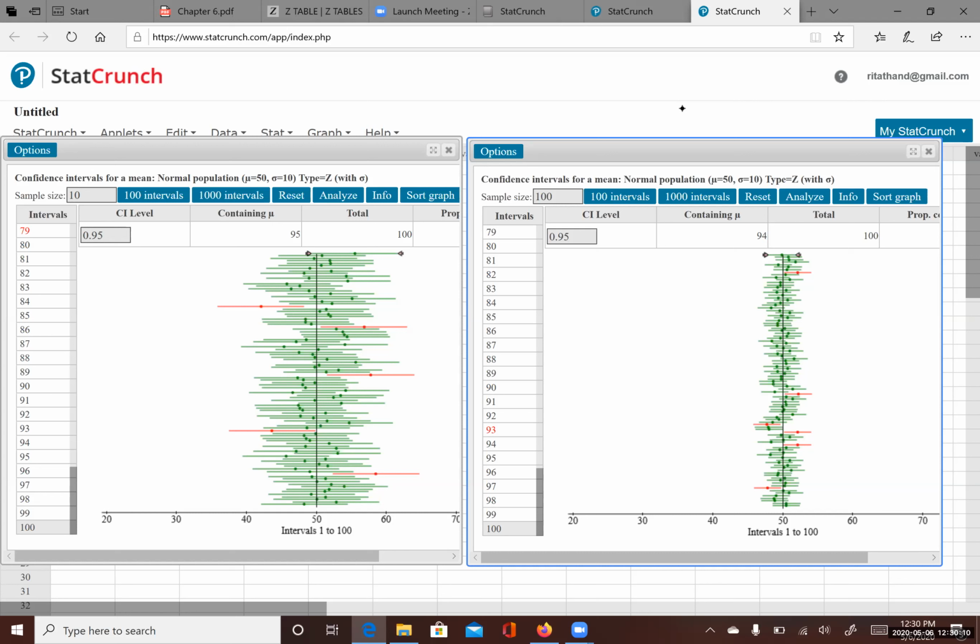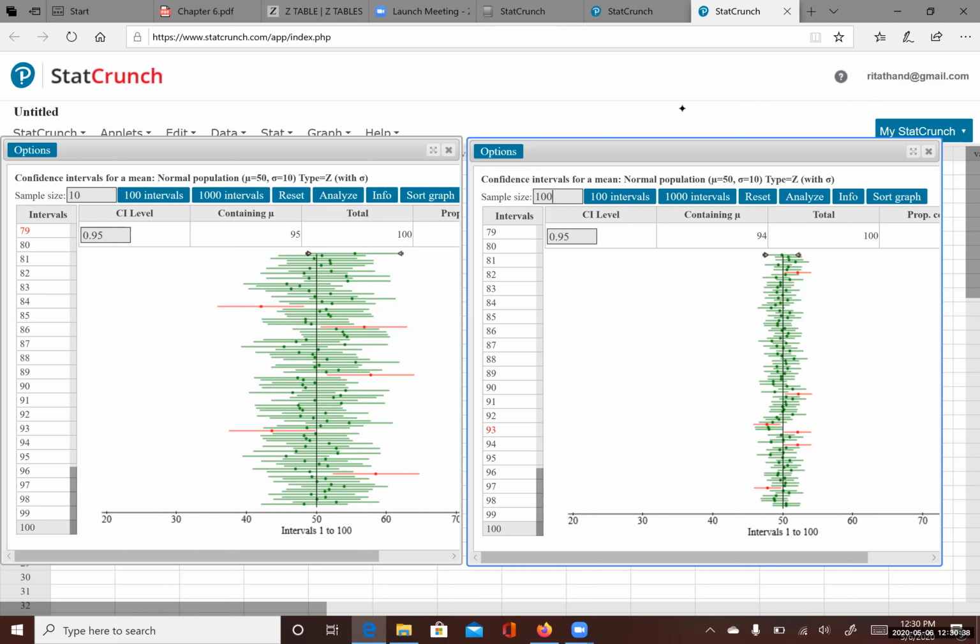That means the bigger the sample size, the better your estimation, because when the width of your confidence interval is narrower, your sampling error is reduced.